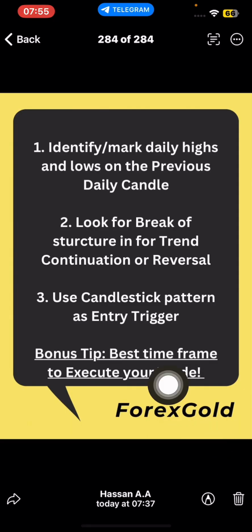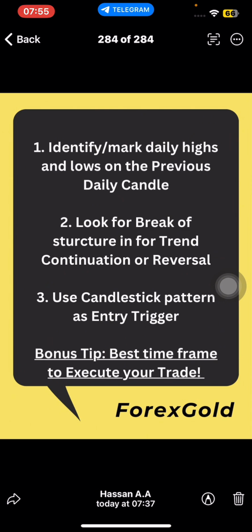I told you the third is to use candlestick patterns as your entry triggers. If you have this kind of setup, always make sure that when the market is trying to break structure above the previous daily high, the market is going upward. If price breaks below the previous daily candle low, that means the market is going down.